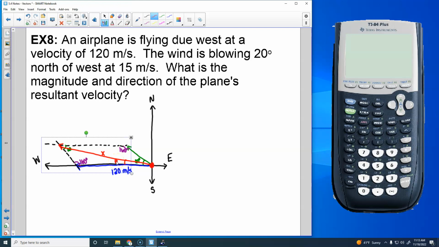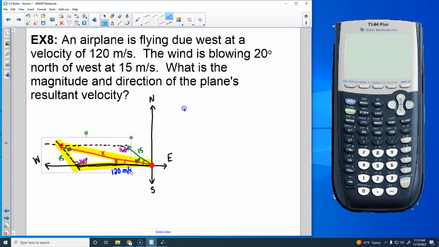So, got to do magnitude first. This one, like the last one, I didn't label. This is 15, so this side is 15. Like the last one, if we look at this triangle right here, we have a side-angle-side situation. So we're going to be using the law of cosines.